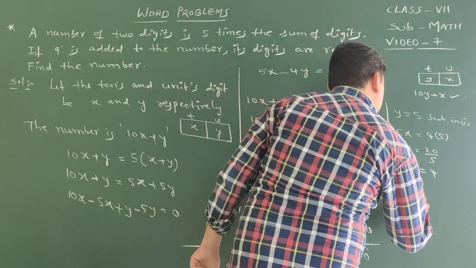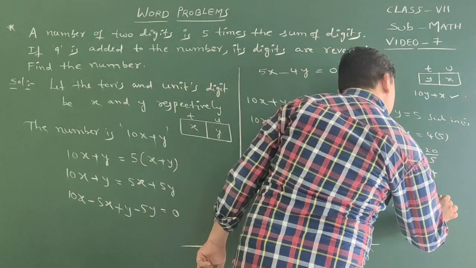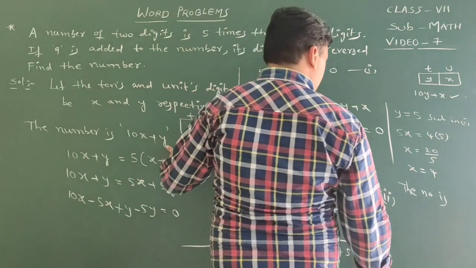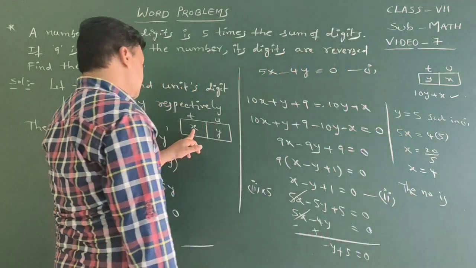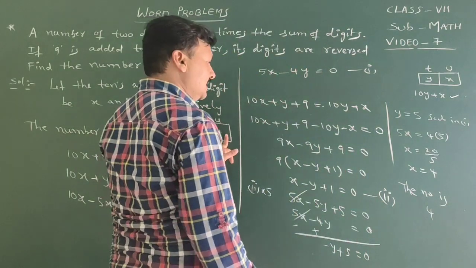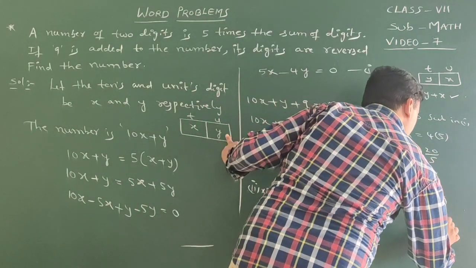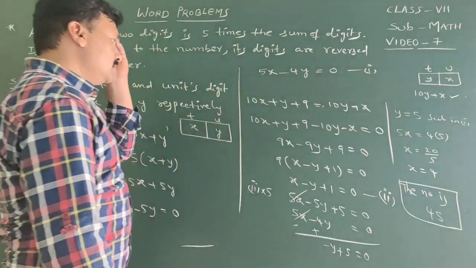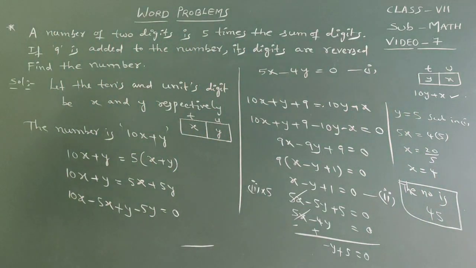So the number is 10x plus y, where x is in the tens place and y is in the units place. So the required number is 45.